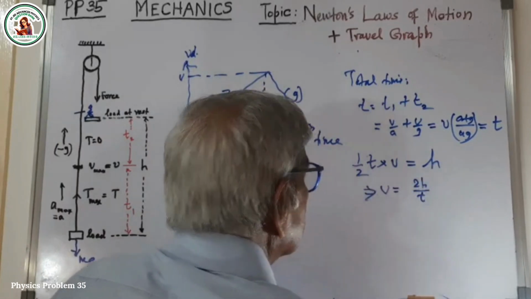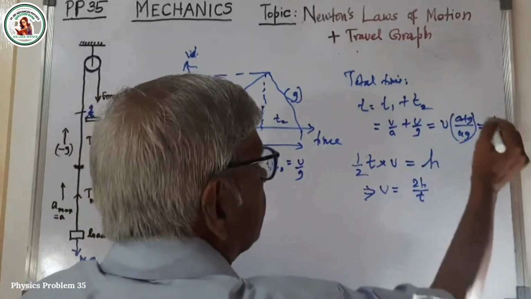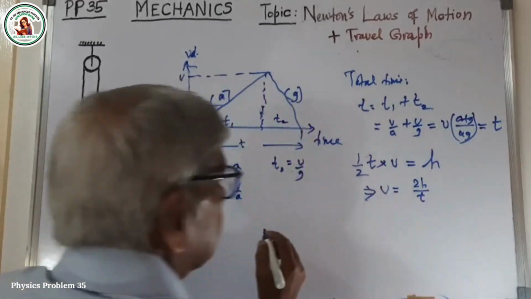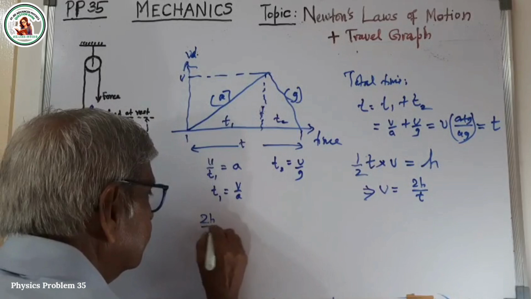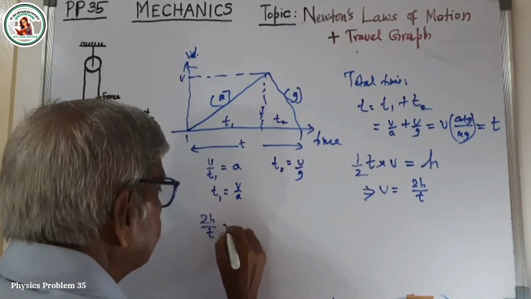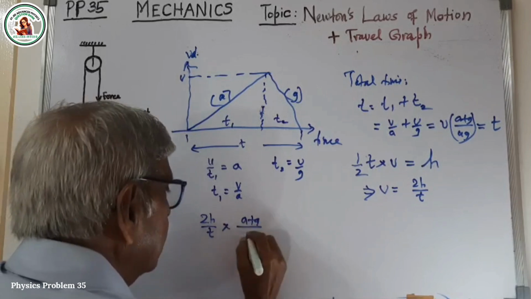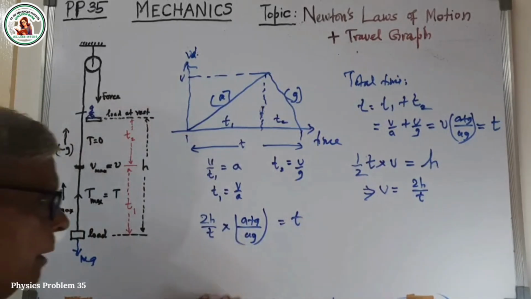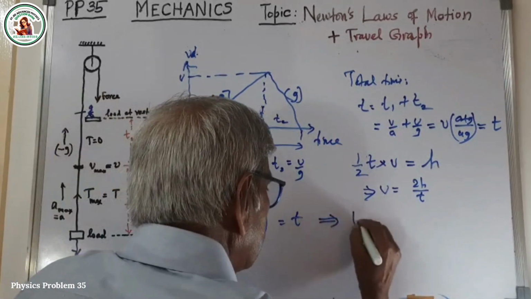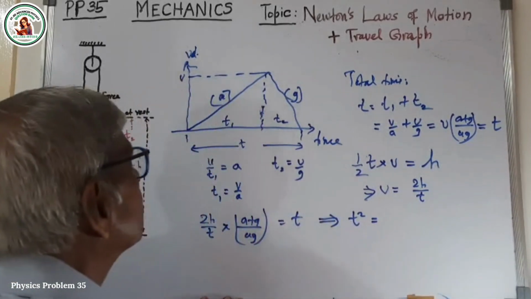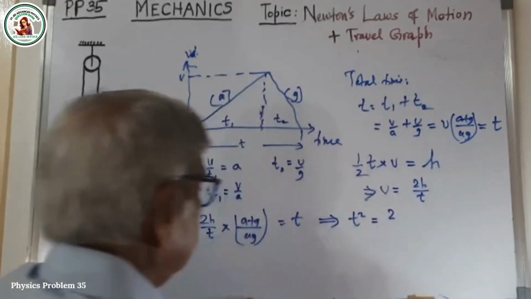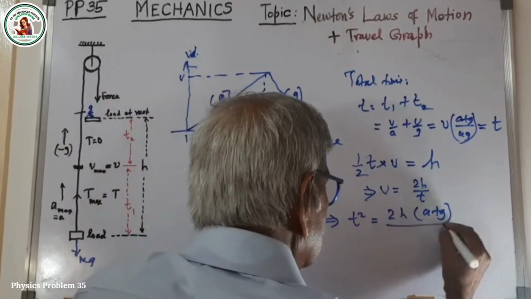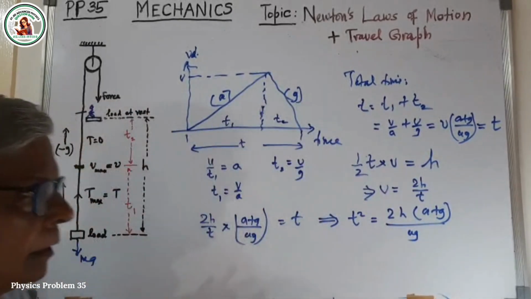So just substitute v equal to 2h by t in the first equation, which gives 2h by t times (A plus g) by Ag is equal to t. So t square is equal to 2h (A plus g) by Ag. That gives us the minimum time.